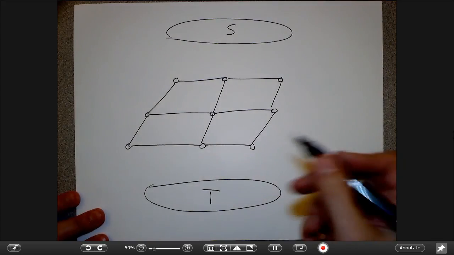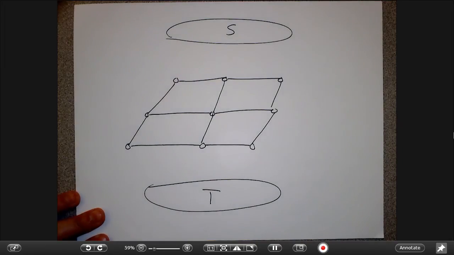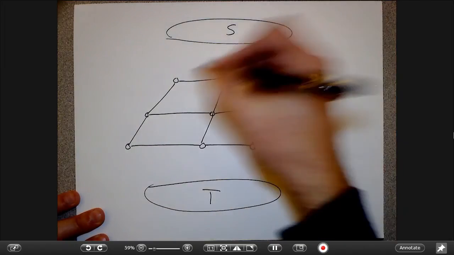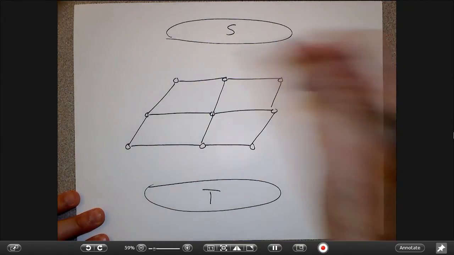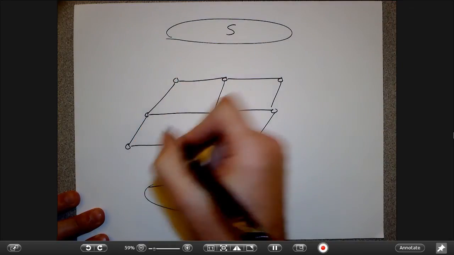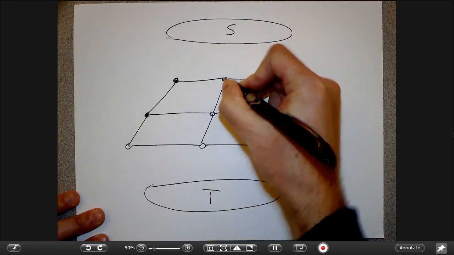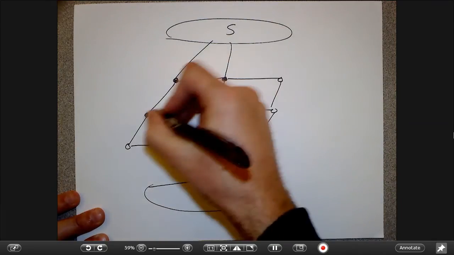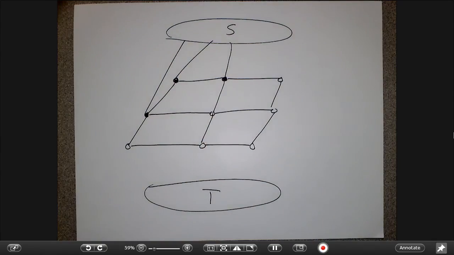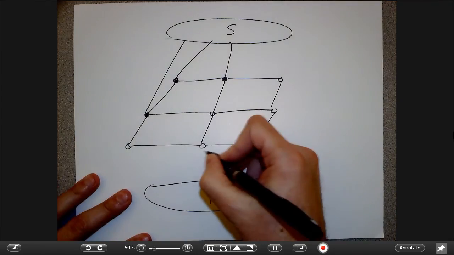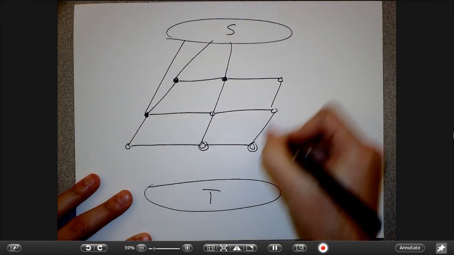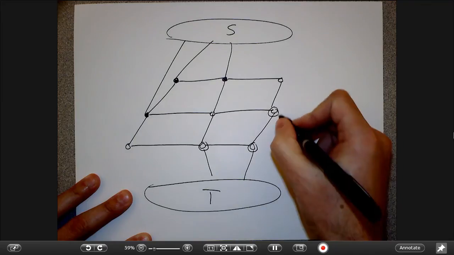So the idea here is, okay, maybe initially all these pixels could be either connected to the source or the target, but the user says, okay, these 3 pixels I absolutely have to connect to the source side, and maybe these 3 pixels I absolutely have to connect to the target side.